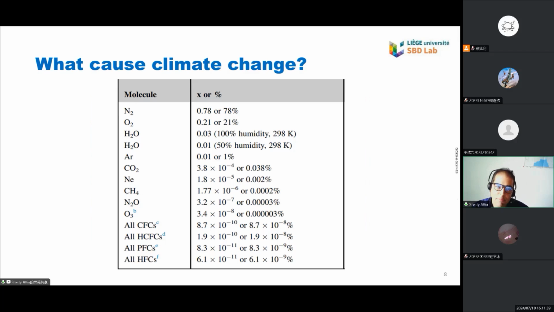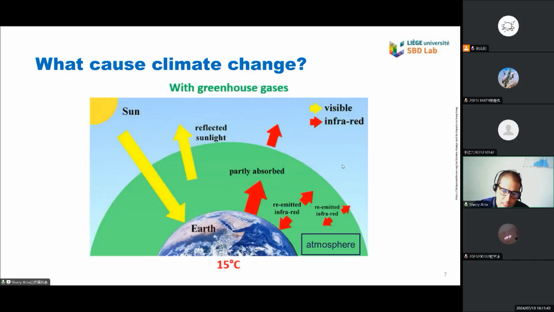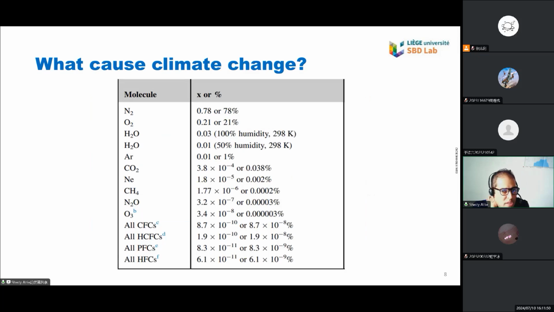When we look at the mix of gases, it's a cocktail of gases that is forming this atmosphere layer that is blocking the infrared reflection. We can find a series of different gases. The most abundant is N2, nitrogen, then oxygen, and you can see the percentages, 78% and 21%.